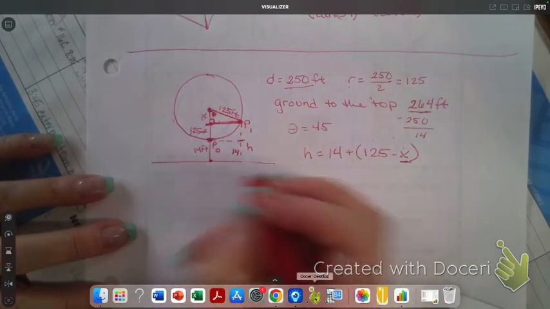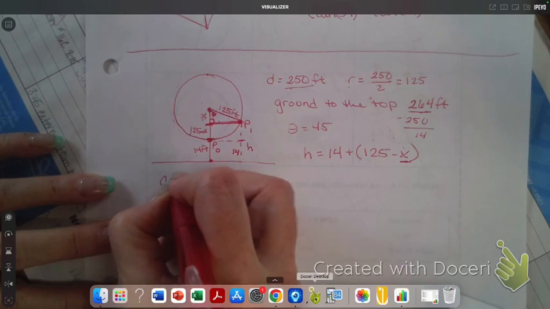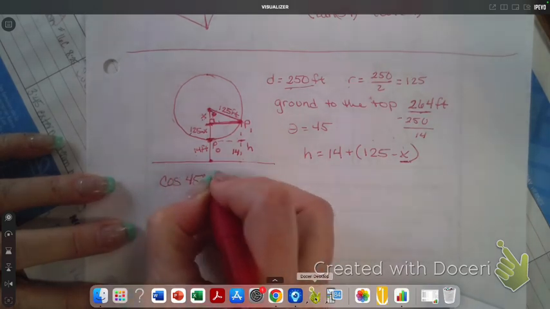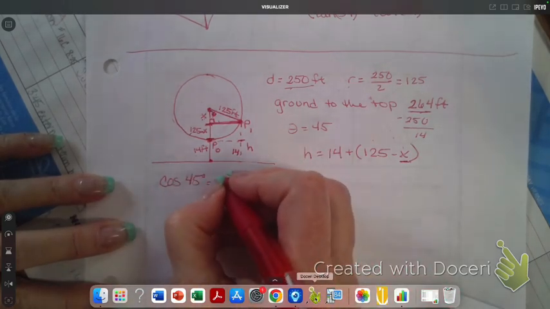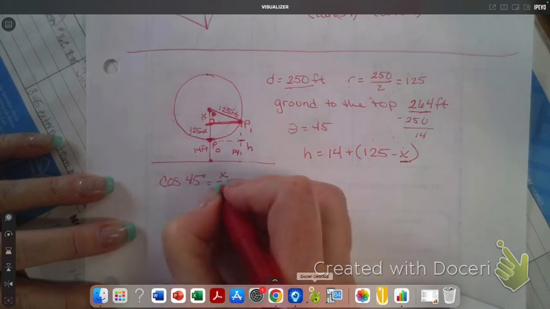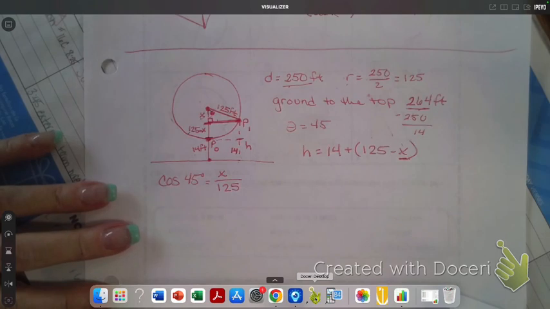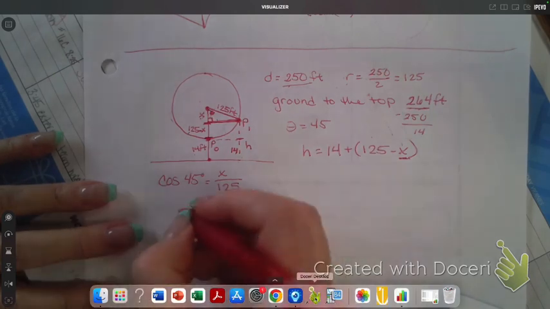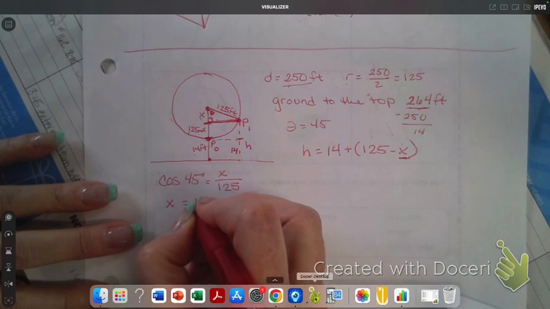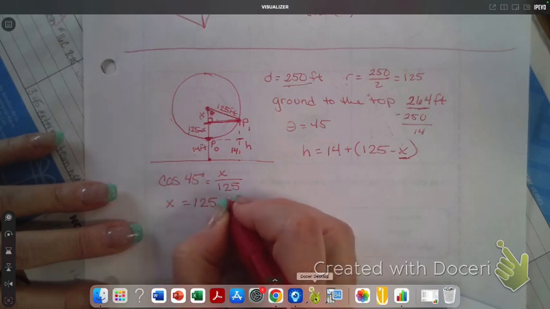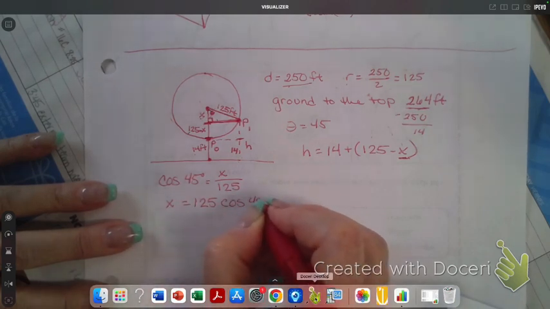So the cosine of 45 degrees equals x over 125. So how am I going to solve for x? So x equals 125 cosine of 45.